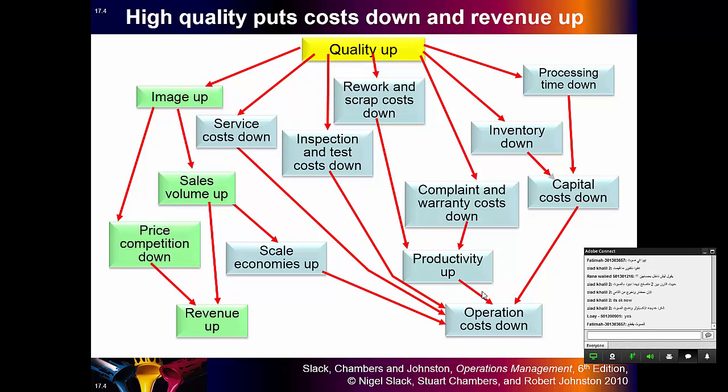This graph shows us a very interesting idea about the importance of quality. By reducing the cost of the operation and by increasing the revenue, the profit of the organization goes up, and this is the main objective in any organization.